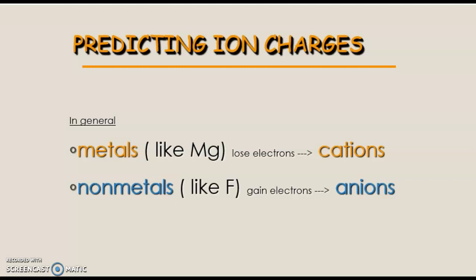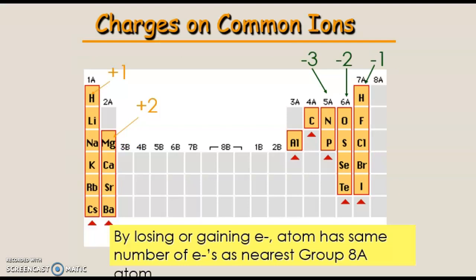So you really just look to see what group it's in on the periodic table. Okay, if you look at the periodic table, you can see that all of the first group become +1. They're metals, +1. They have 1 valence, so they give that one away. All of your group 2 are metals, and they're going to give away 2.